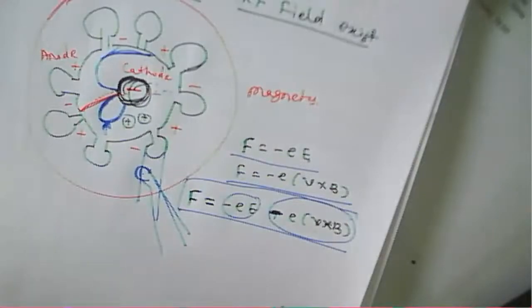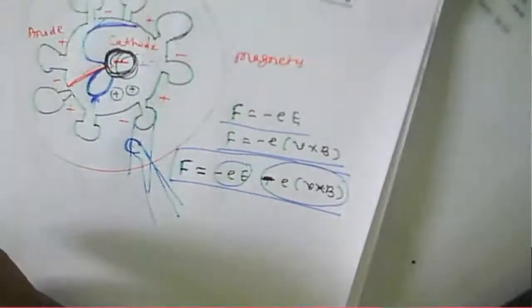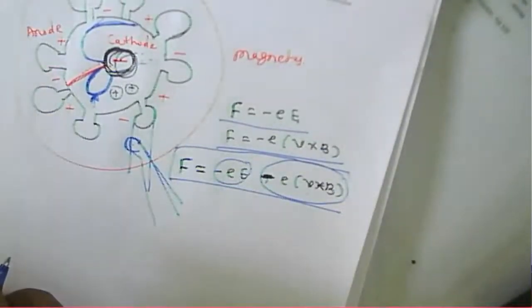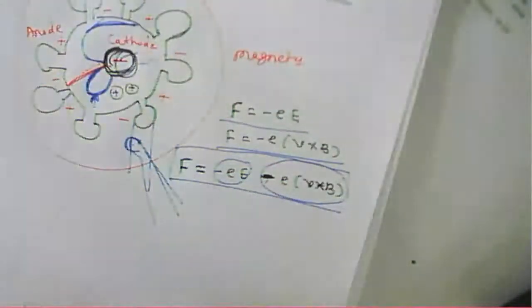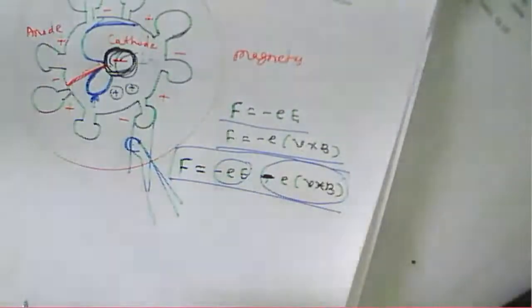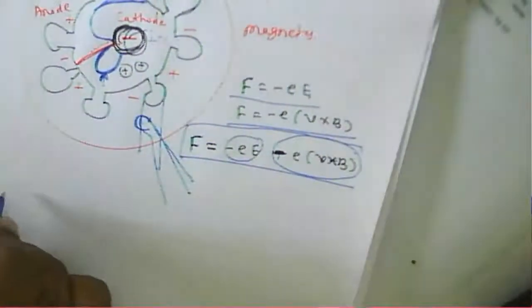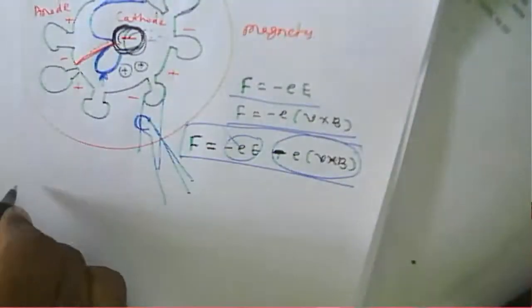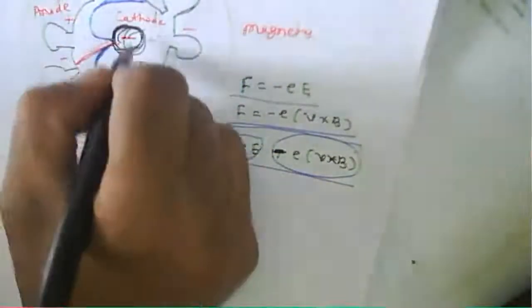So now, what happens in the absence of the field? Suppose there is no electric field and only a magnetic field is present.